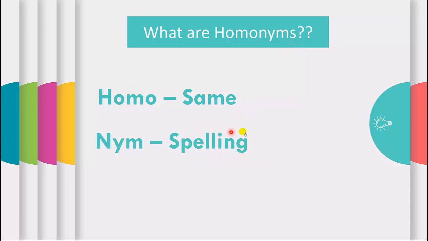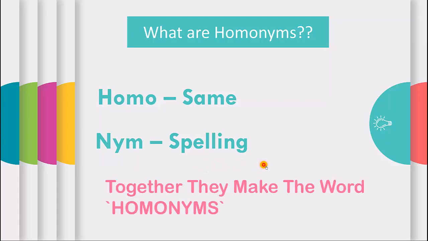So together they are words which have the same spelling but different meaning and same sound. So once more, I'm going to tell you again. Homonyms are words with same spelling, different meaning, but same sound. Together, they make the word homonyms. So now I'll show you a few examples of homonyms.